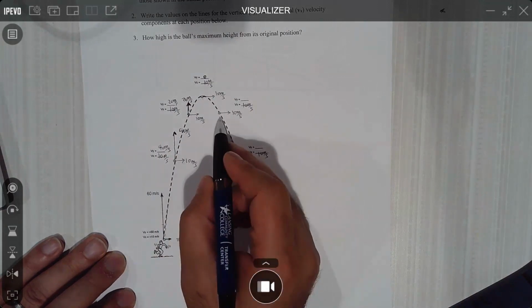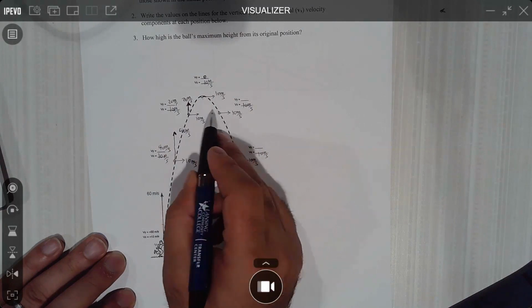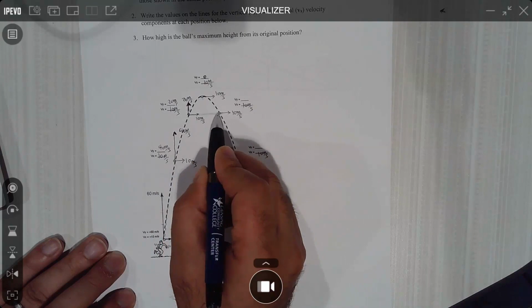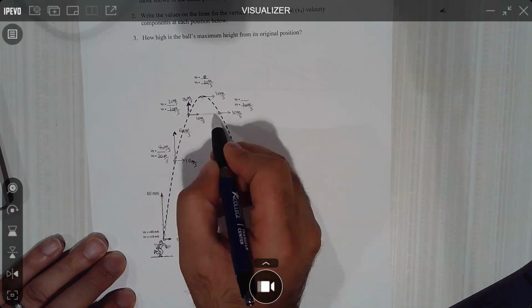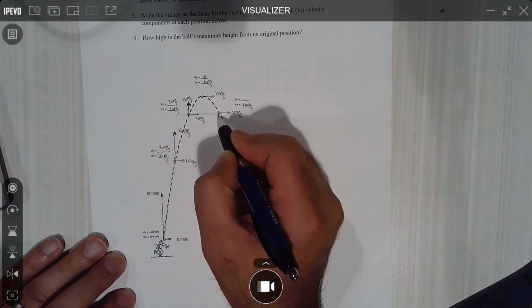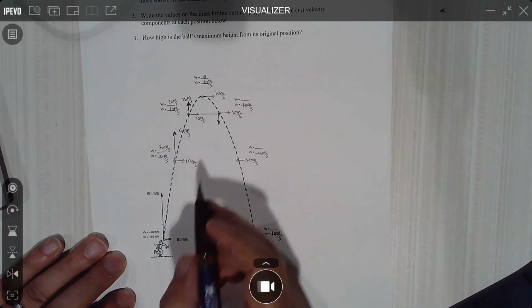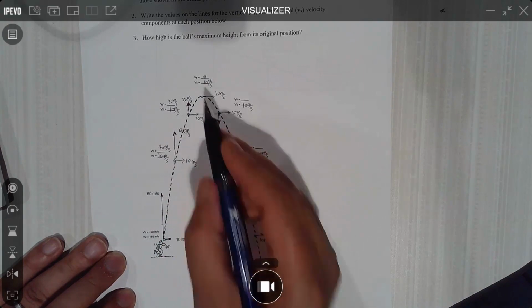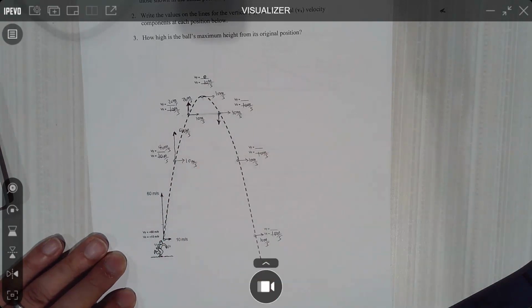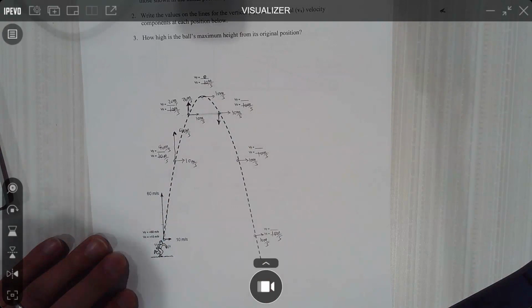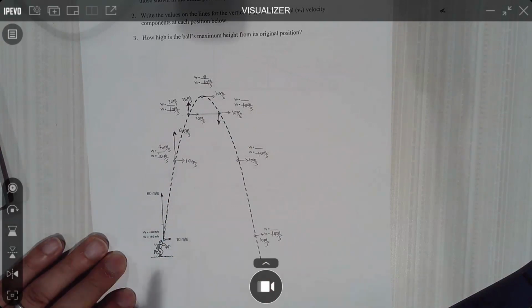But when it's going down, when the ball is at the same position as before, the velocity is exactly the same but in the opposite direction. Two seconds after the velocity is 0, the velocity is going to be 20 meters per second. When you drop the ball, for each second the velocity increases by 10 meters per second, so because it's 2 seconds, it's 20 meters per second.